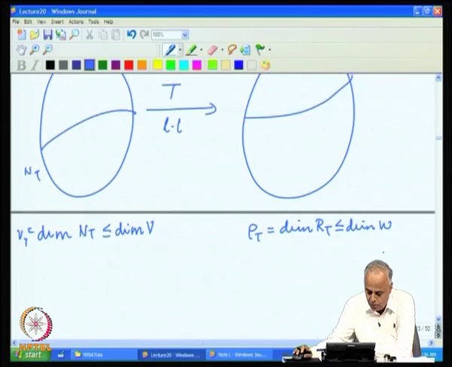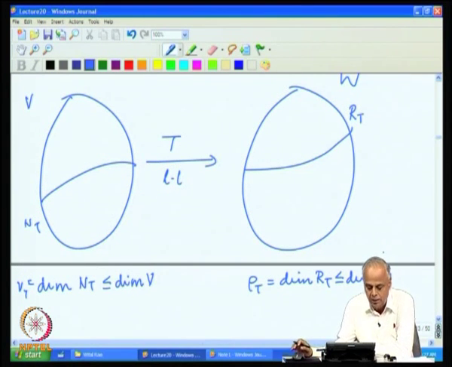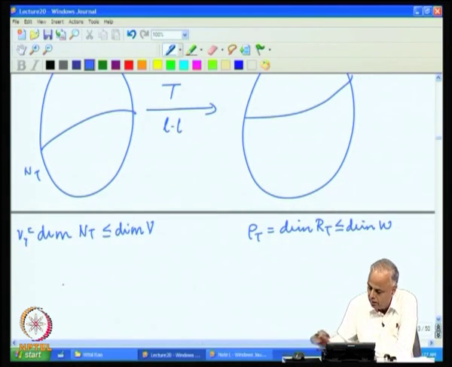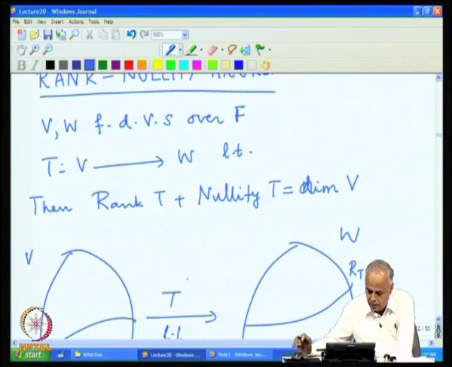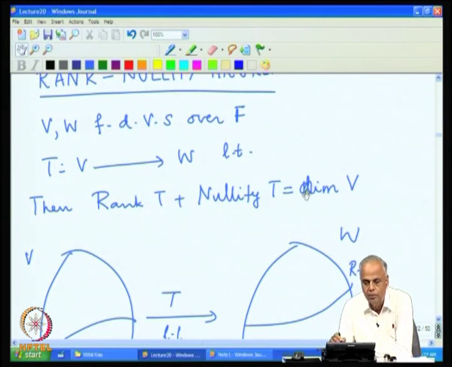Now, what we have shown is that nu T plus rho T is equal to n. We also had the rank nullity theorem, which says that the rank plus nullity is equal to the dimension of V. So, this is rho T, this is nu T, equal to the dimension of V. Nu T is non-negative, it is a dimension, it is a number.